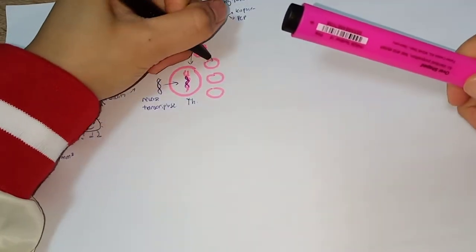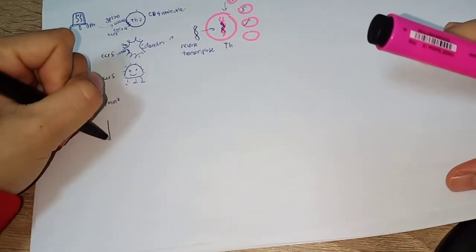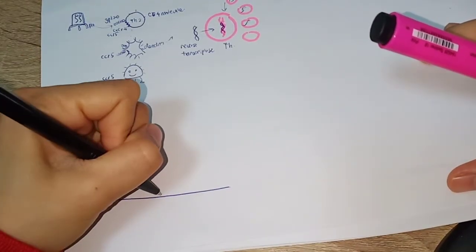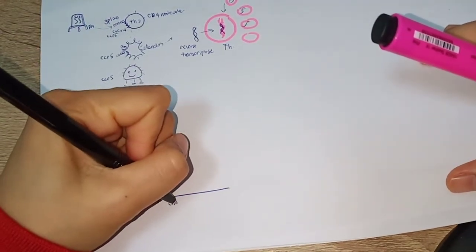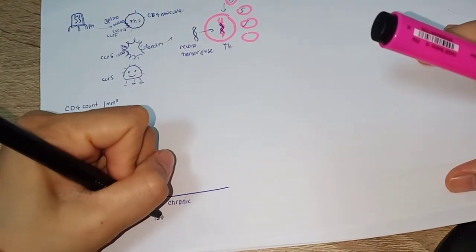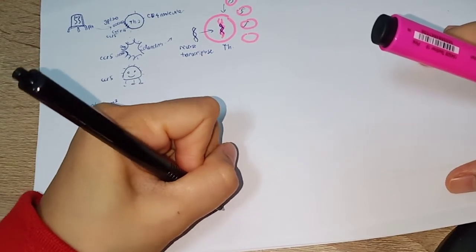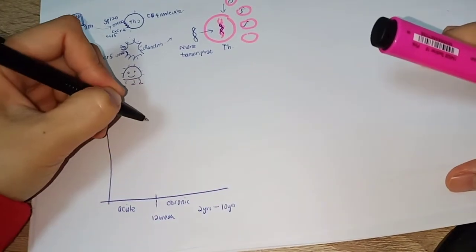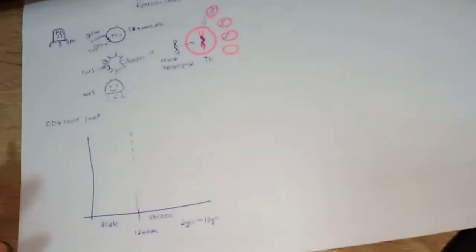So when we look at a graph, we can divide it into an acute and a chronic phase of infection. The acute phase is usually around 12 weeks, and the chronic phase can be from 2 years up to 10 years depending on the progression of the disease. Let's color the virus in pink.